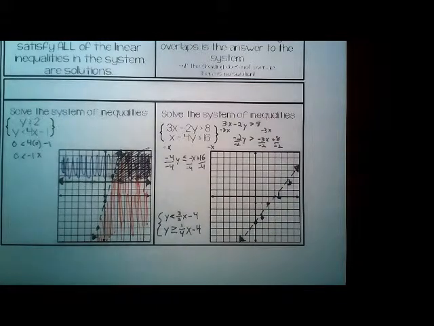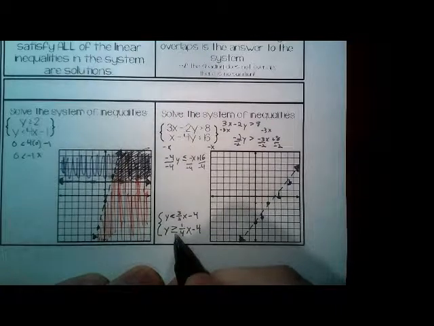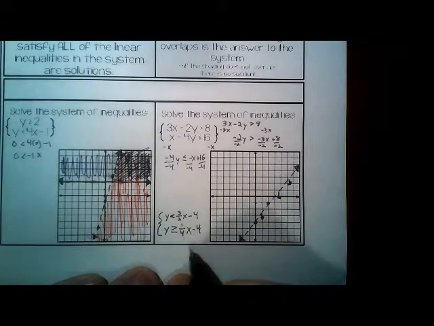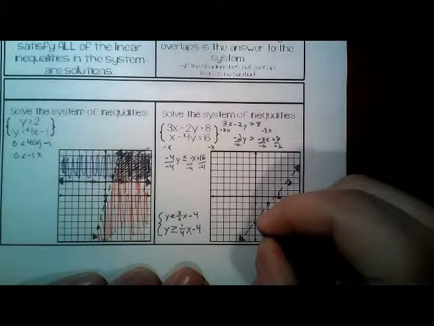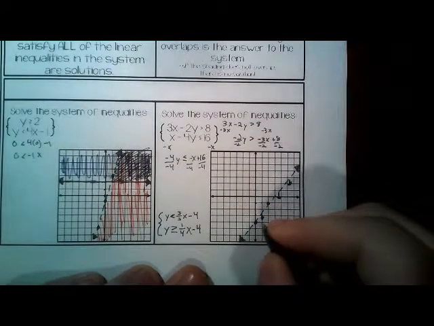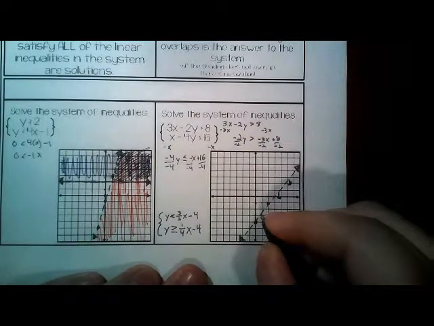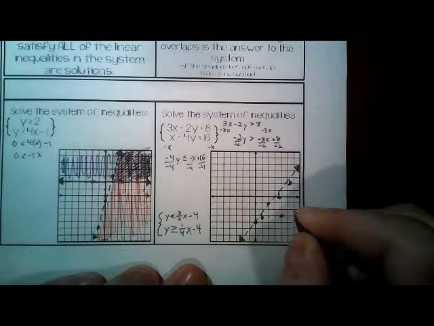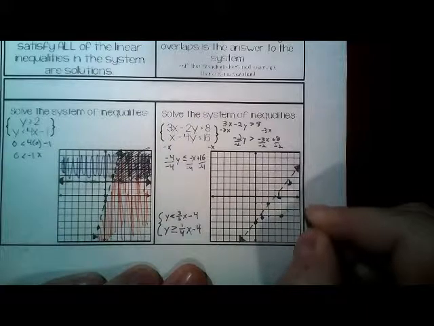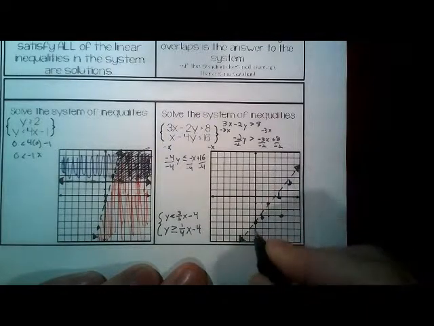And now let's do the second inequality. We've got y is greater than or equal to 1/4 x minus 4. So that means, again, I start at negative 4 and I go up 1 over 4, up 1 over 4. So it'd be a little off the coordinate plane.